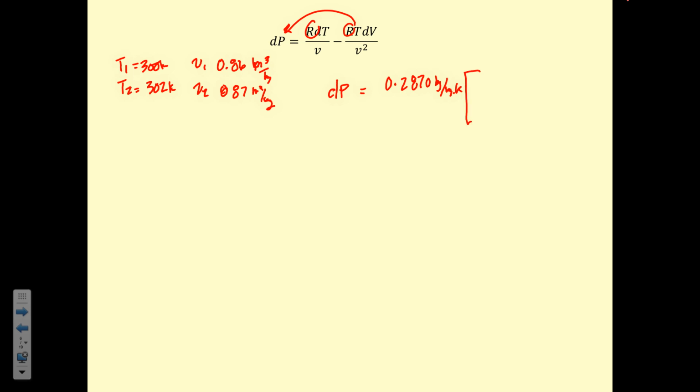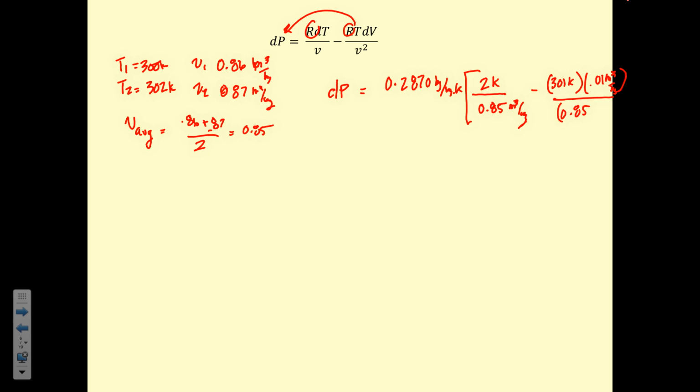What is dT in this case? 2 Kelvin, divided by V. We'll say V average is equal to 0.86 plus 0.87 over 2, which is 0.865 meters cubed per kilogram, minus T average, which will be 301 Kelvin, times dV, which is 0.01 meters cubed per kilogram, divided by V squared, again that average, 0.865 meters cubed per kilogram squared.